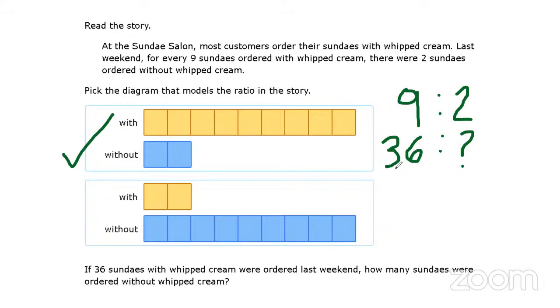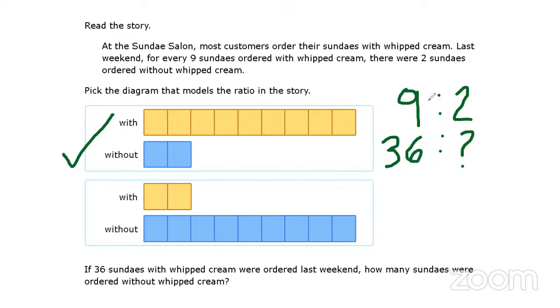Nikayla Garik says divide 36 by 9, then multiply 2 by the quotient that you got. I'm seeing persons doing their calculation. Okay, good. I'm seeing persons saying 4. So if I divide 36 by 9, I can get 4 equal groups of 9.